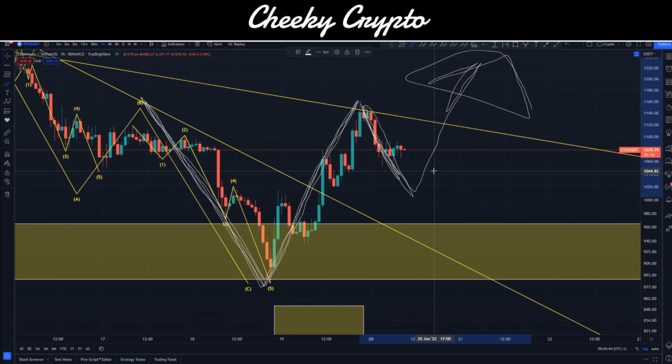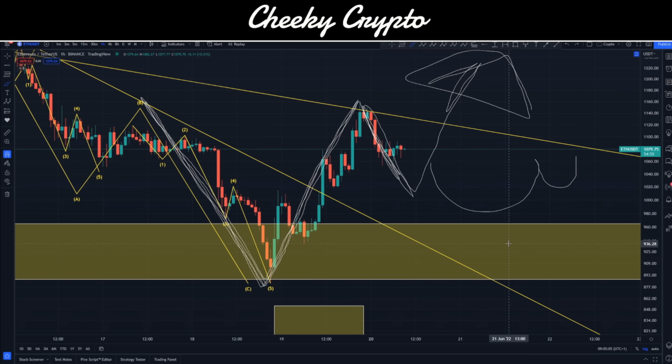Cup and handle patterns are about 60 to 70% accurate, and if they form with a V bottom, they fail. They pretty much never work if they're a V bottom, and they need to have a nice rounded cup, hence the name, and a nice rounded handle, the handle of which cannot drop more than 50% of the depth of the cup.